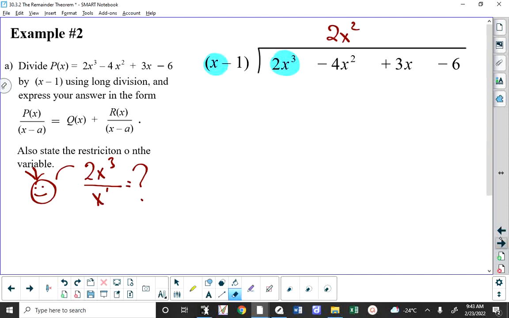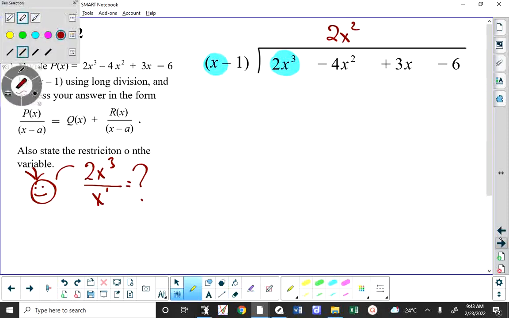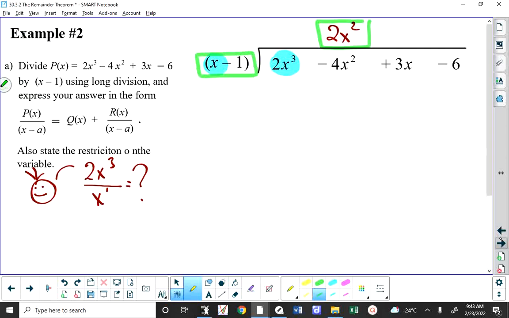Then I'm going to multiply. But when I multiply, I'm going to multiply the whole thing. Let me be very clear here. When I multiply, I'm going to multiply what I got by the entire thing. I don't ignore the 1 at this stage. So I take x times 2x squared. 2x squared times x gives 2x cubed.